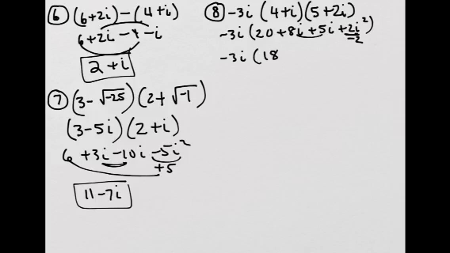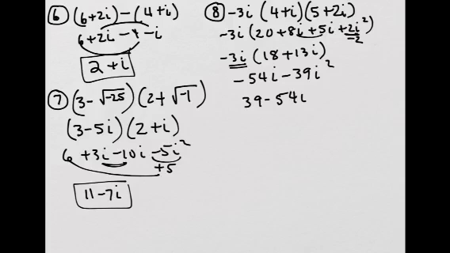And then these two give you 13i. Now I'm going to distribute the negative 3i, so I get negative, what is it, 24, 54i minus 39i squared. So remember, negative 39i squared is actually positive 39, and then we just stick the imaginary part at the end.